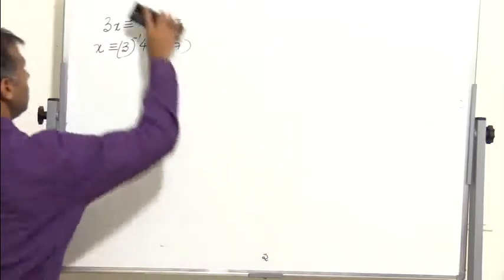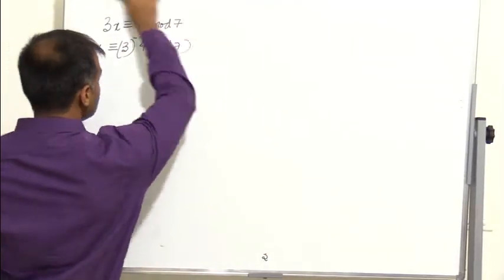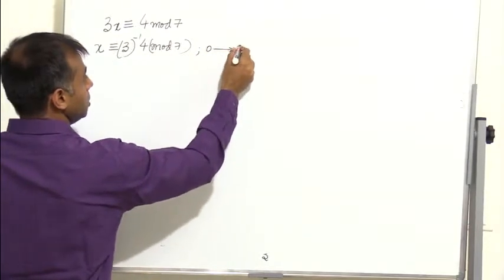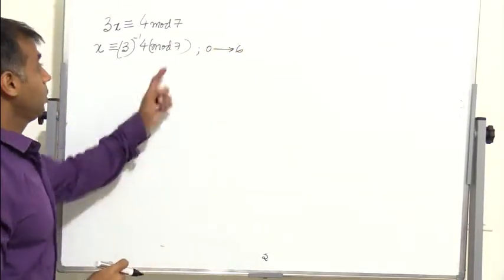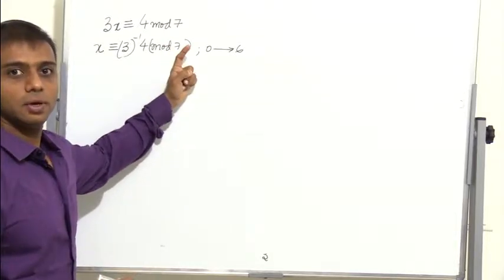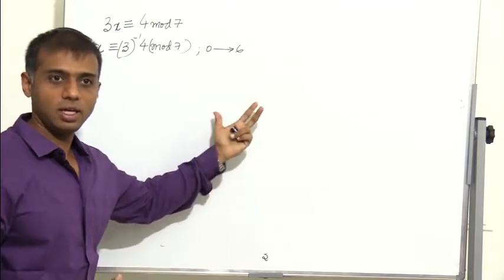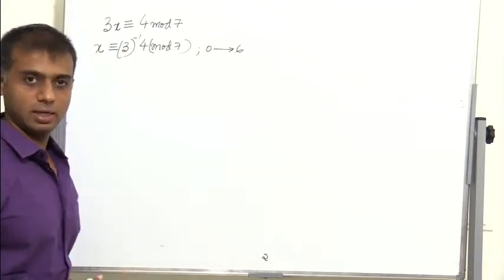But since we are operating in mod 7, I cannot write 1 by 3 because the values range between 0 and 6. I cannot have any other value, so 1 by 3 is invalid.